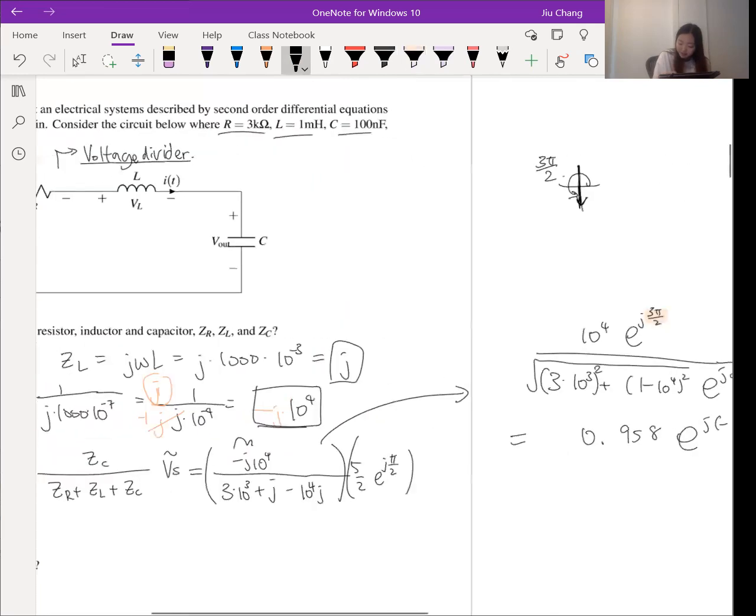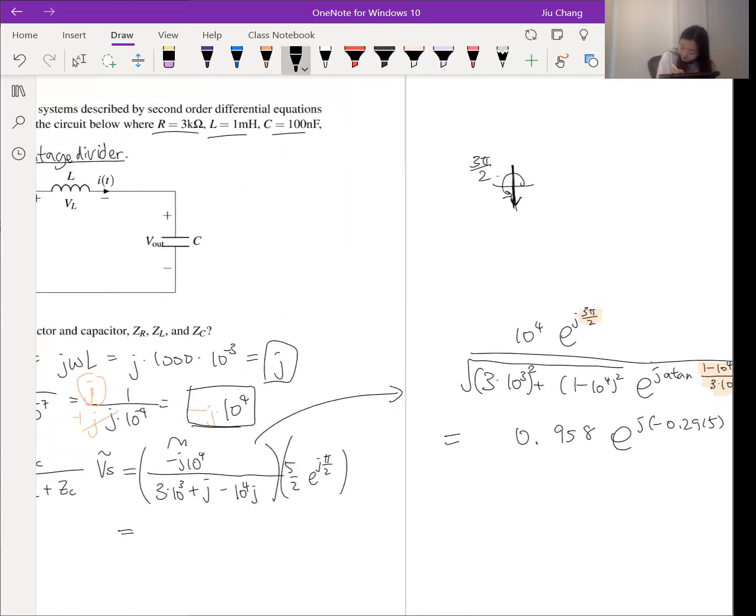So we plug that back in here. Let's put our J at the back.